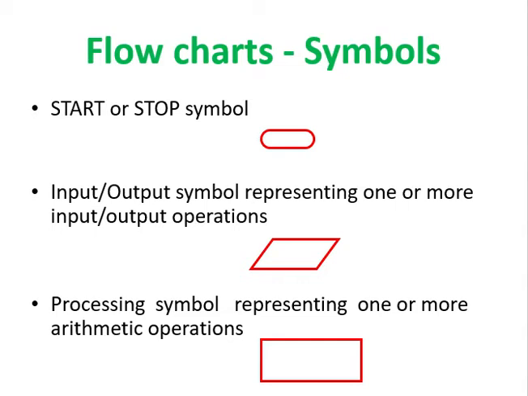Third is the processing symbol, which represents one or more arithmetic operations. When we perform any operation, we use this symbol. If we take input like integer, f equal to 1, or assign or initialize any value, we will see that in the next examples.